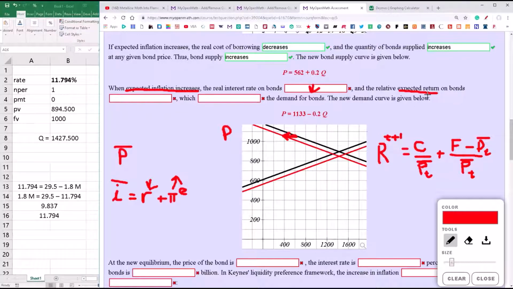If expected inflation increases, that means the buying power of future money has fallen. So the expected value of this, when we account for inflation, will fall. Same with the face value. So our expected return is going to fall, right?